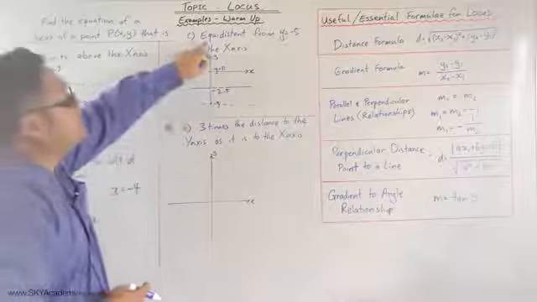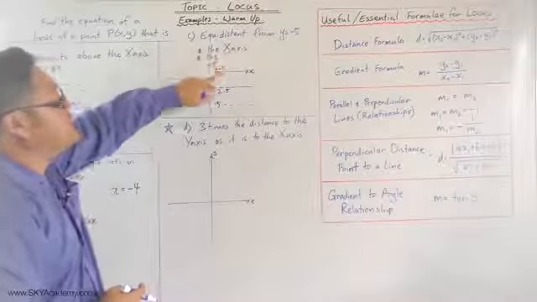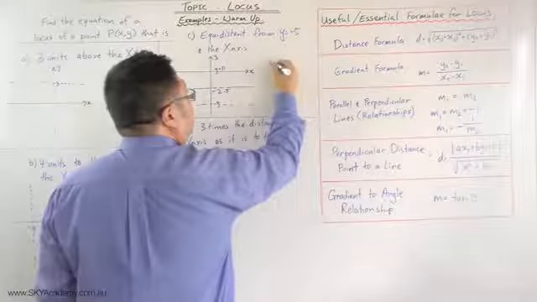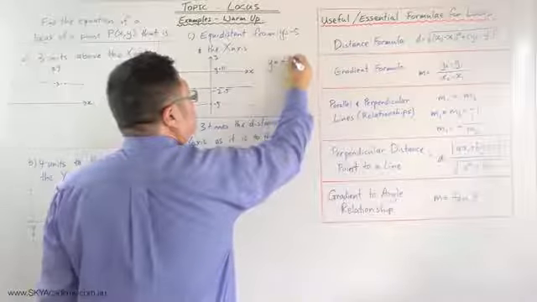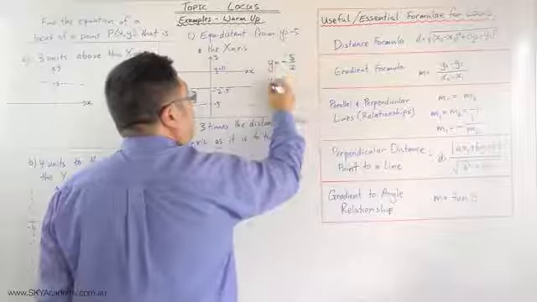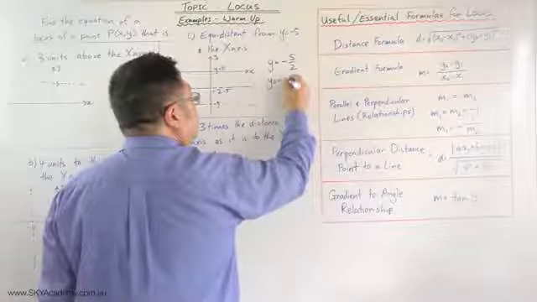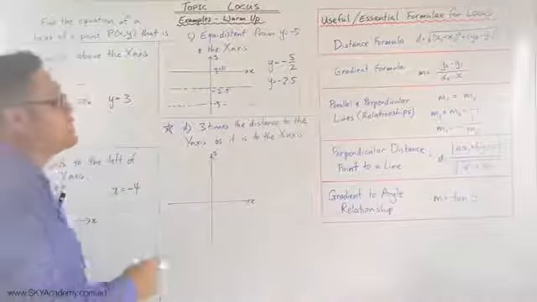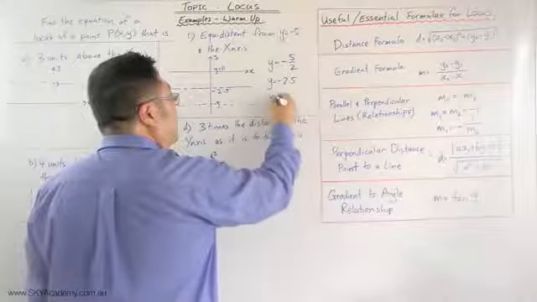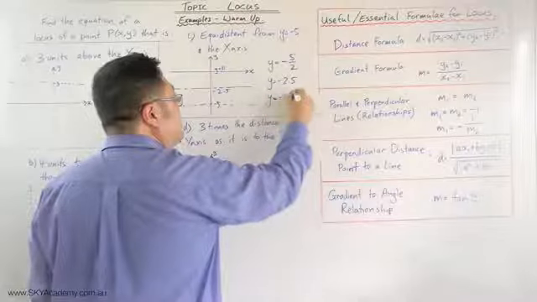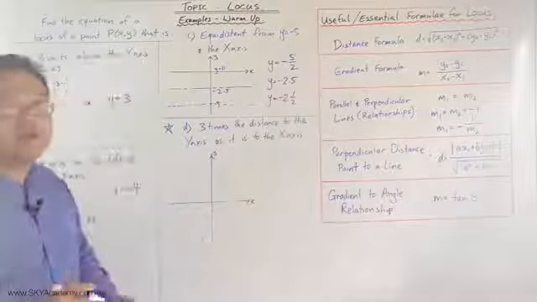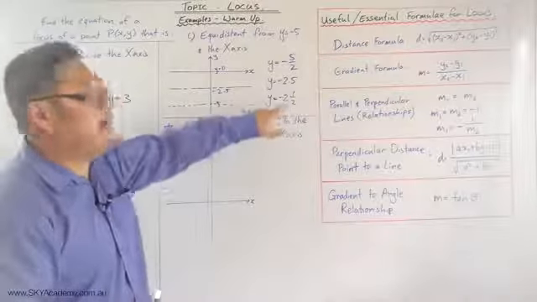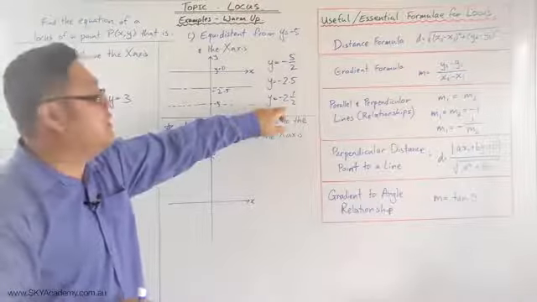So really, equidistant from y = -5 and the x-axis will be y = -5/2, or you can write y = -2.5, although when you get into advanced algebra, that is actually quite ugly, yeah?